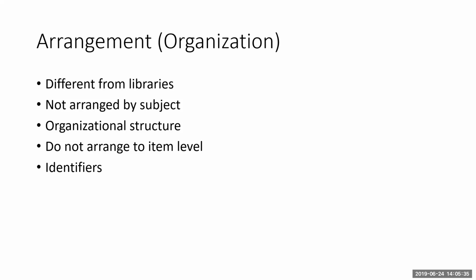A lot of archives arrange their materials by the organization structure of the college. So for example, you could have a collection entitled Office of the President, or Academic Affairs, or Board of Trustees. And then within those collections, you can have series that go further detailing those collections. So for example, Board of Trustees, you could have a series for the board minutes.